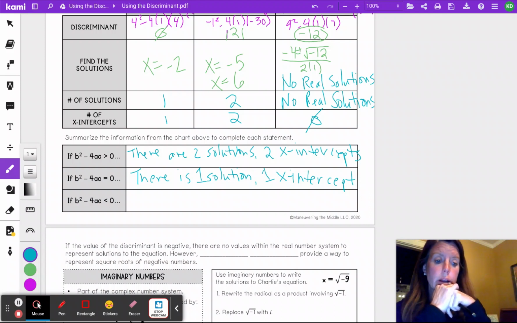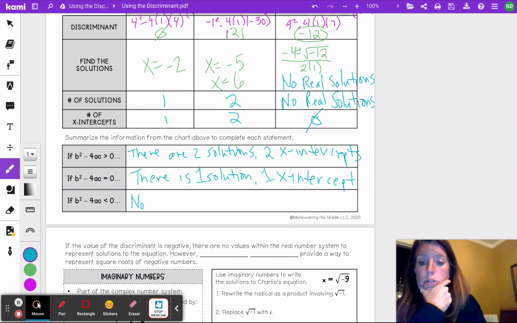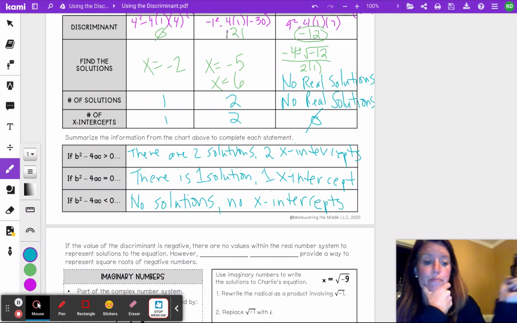We saw one the other day, I'm doing all these videos together, so I don't remember. It could be down in quadrant 4. It could be a negative parabola, and it's never going to cross that x-axis if it's in quadrant 4. So no solutions, no x-intercepts. There you go. That's it.